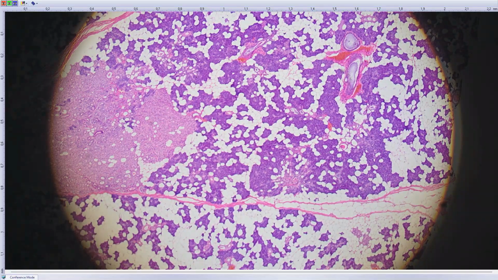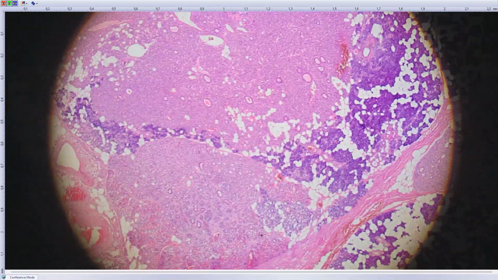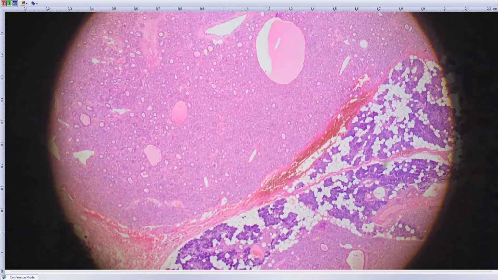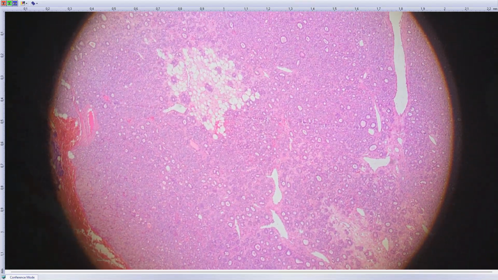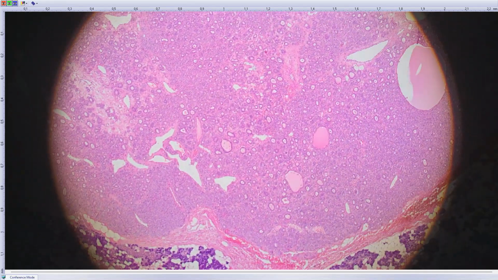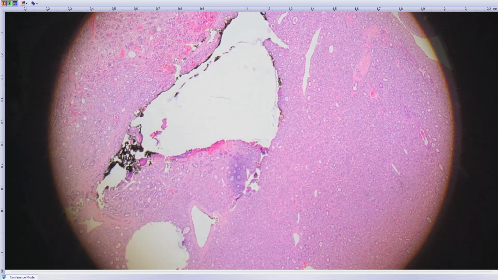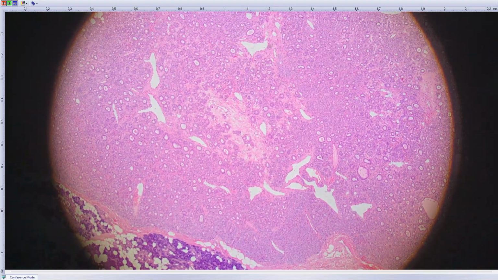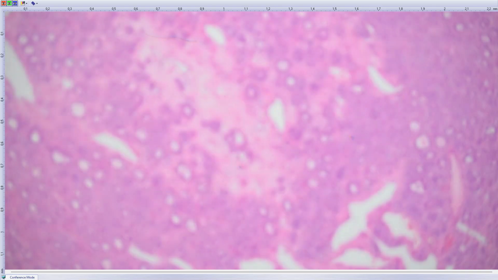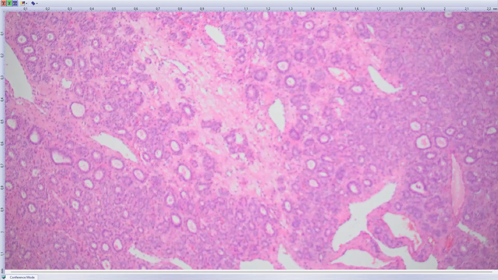Now we are sure that it's the parotid gland, and there is a multinodular lesion which is composed of several nodules, but the dominant nodule is well circumscribed, and I will show you the histology in high magnification.